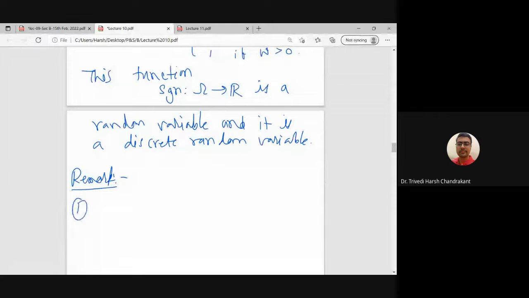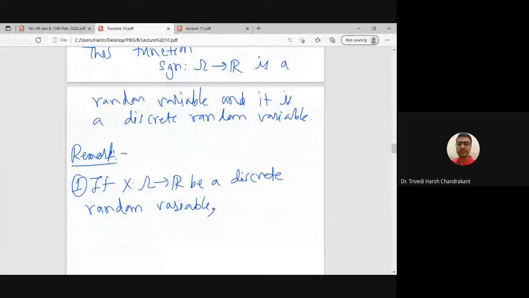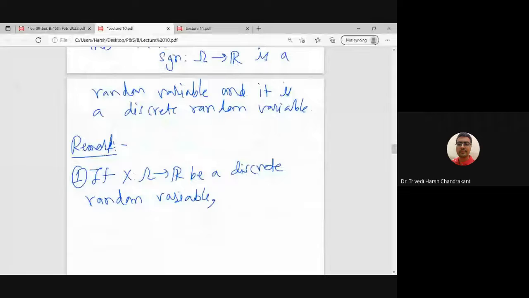So we have the first remark that if X is a discrete random variable, discrete random variable means its range is finite or a countable set. And we have another function G from R to R. Then what will be the range of G composition X?